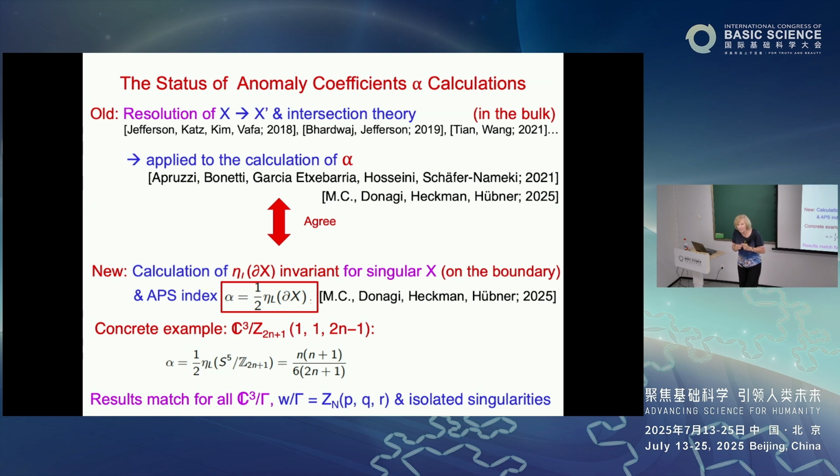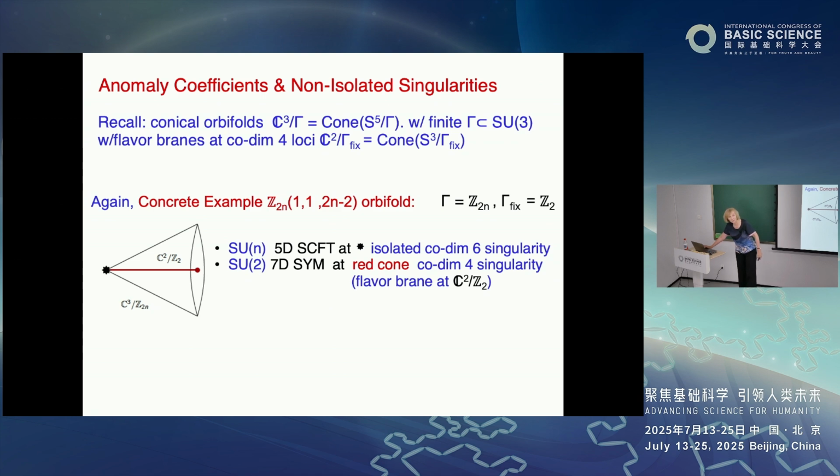But the real prize is for non-isolated singularities, those where flavor branes extend to the boundary. And there our story is still under development. Okay. So in the last few minutes, let me highlight that part. Those are now non-isolated singular spaces, my favorite example, the Z_2N orbifold, with flavor branes extending to the boundary, the D7, D5 system.